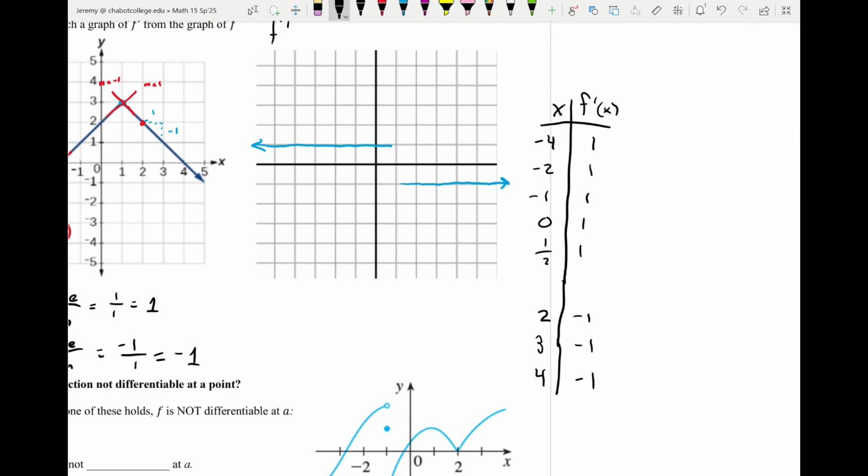So at x equals 1, I'm going to highlight this one in red. Since the derivative is defined by a limit, the derivative does not exist. So this is undefined, or maybe you'll say does not exist.